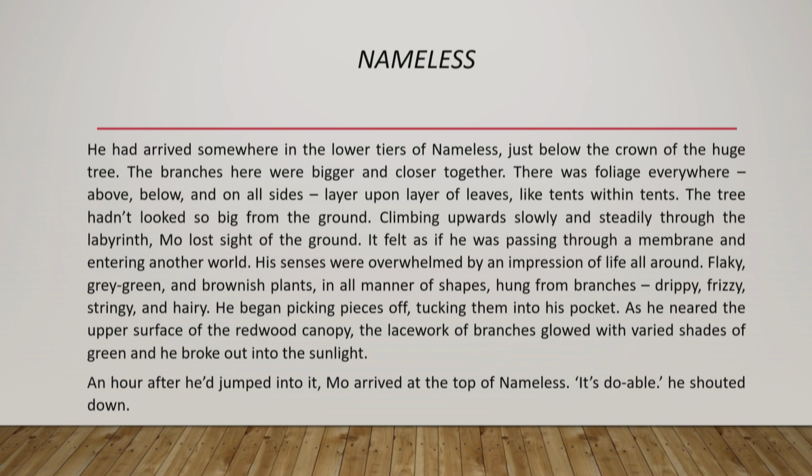As he neared the upper surface of the redwood canopy, the lacework of branches glowed with varied shades of green, and he broke out into the sunlight. An hour after he'd jumped into it, Mo arrived at the top of Nameless. "It's doable!" he shouted down.